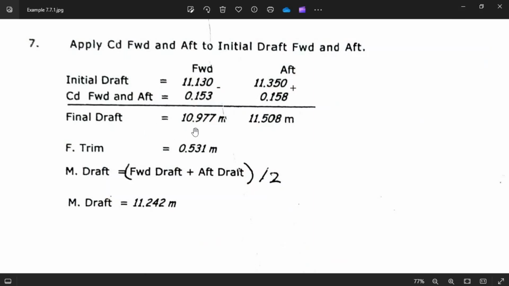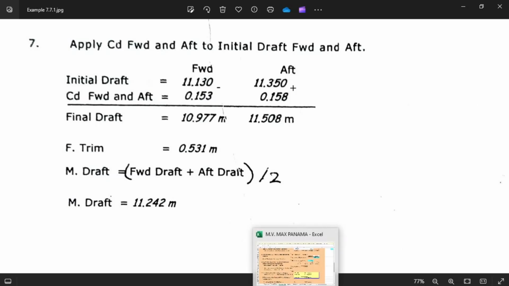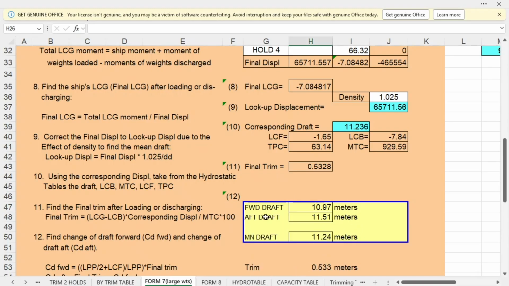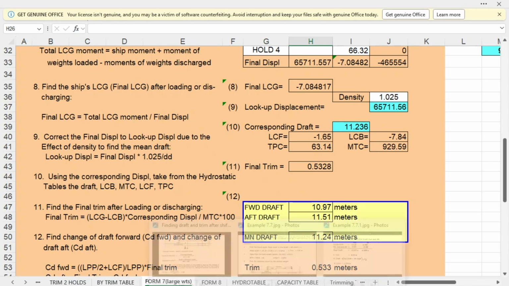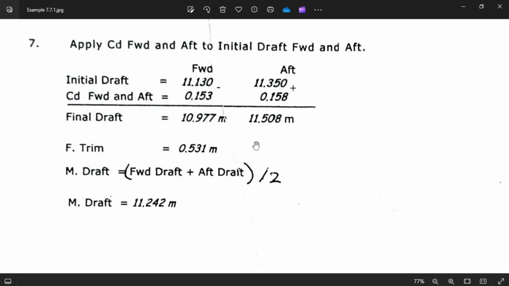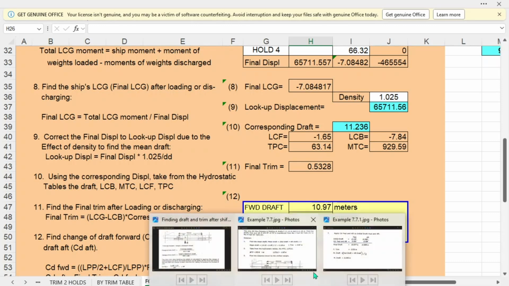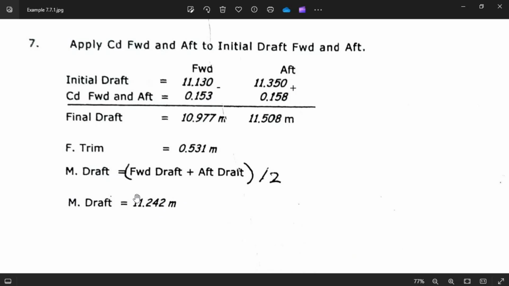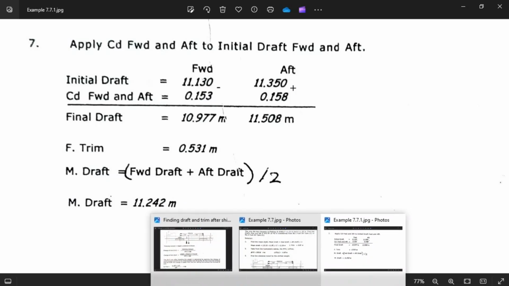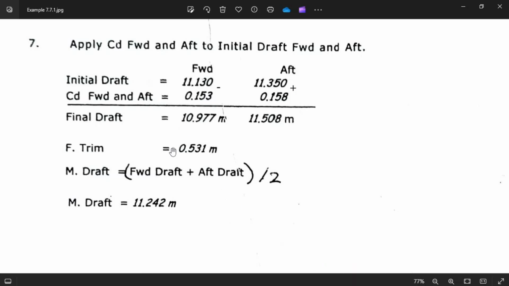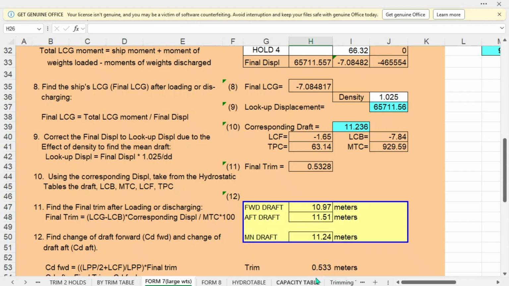So let's check, guys, the final draft. Final draft forward will be 10.97, and aft draft is 11.508, or 11.51. Your mean draft is 11.24, and the trim is 0.531, or 0.53.